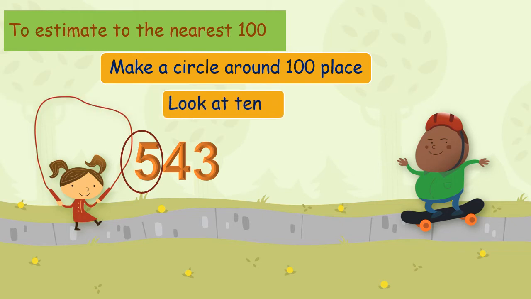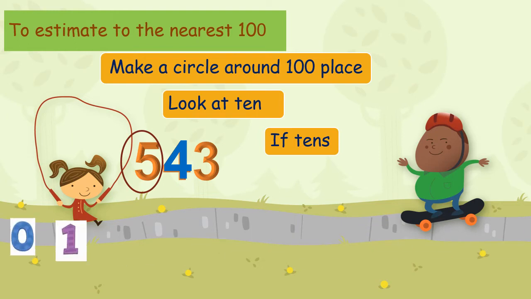And step number 2, look at your 10. Where's the 10? Yes, it's the 4. Now what shall we do next? Look, if your tens is 0, 1, 2, 3, 4, what are we going to do?